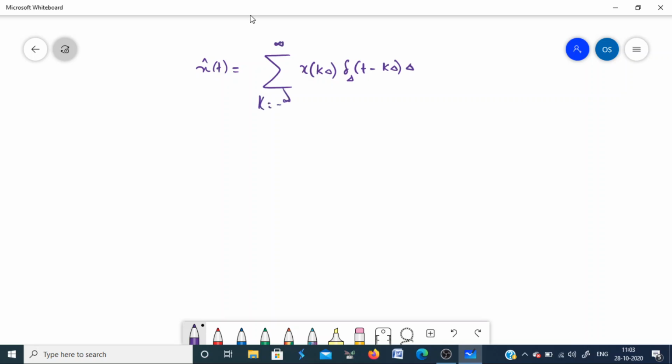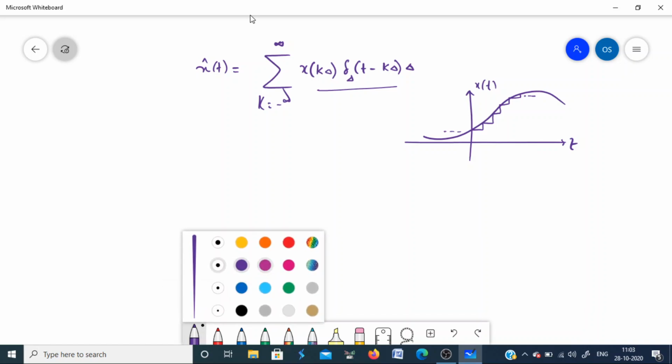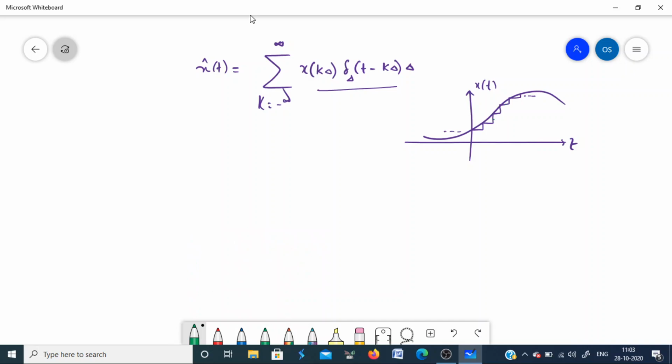We have seen how we got this approximation: we have taken a staircase approximation of the input signal. This one is xt, this is my x cap t, and this representation is for this approximation.